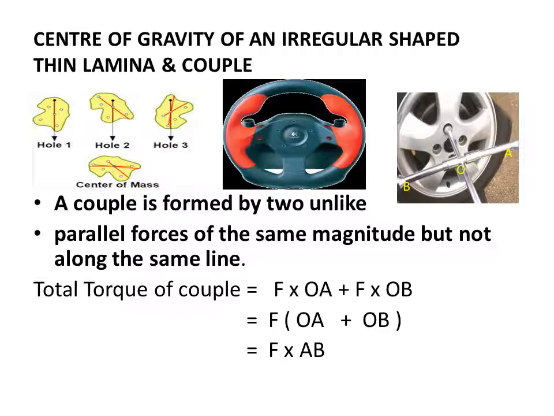OA plus OB is equal to AB, so we put the value of AB in place of OA plus OB. It becomes F multiplied by AB, the torque produced by the couple of forces F and F separated by distance AB. The torque of the couple is given by the product of one of the two forces and the perpendicular distance between them.